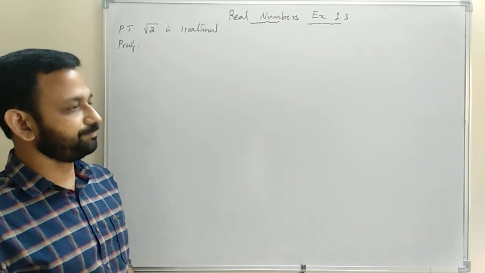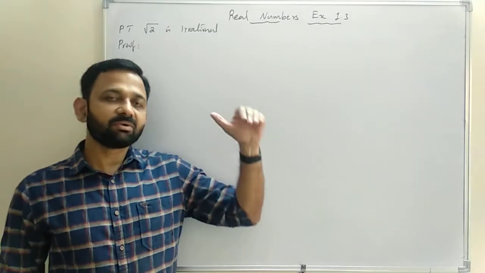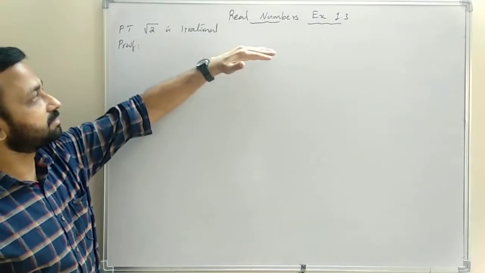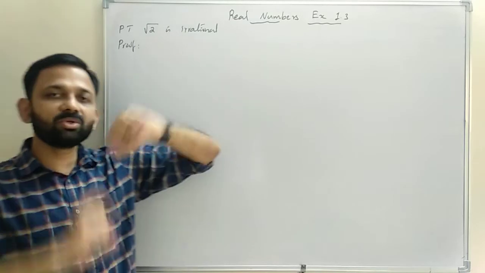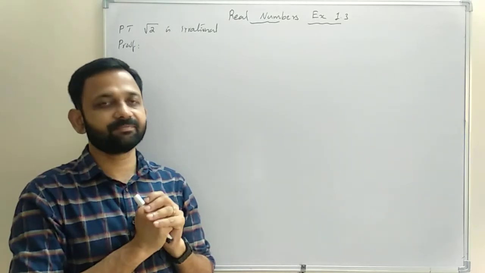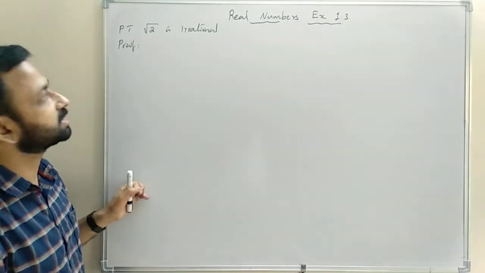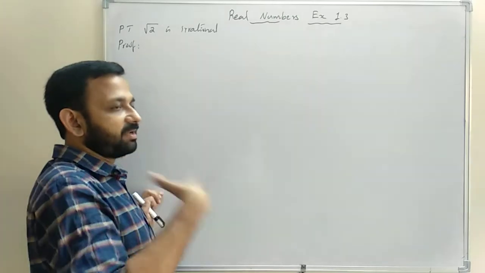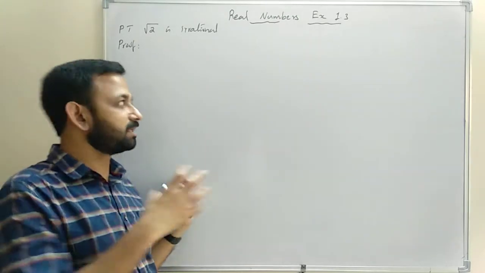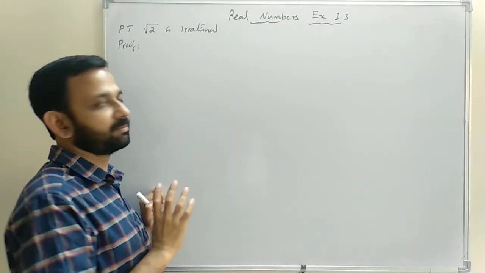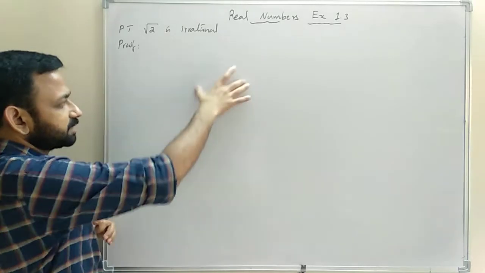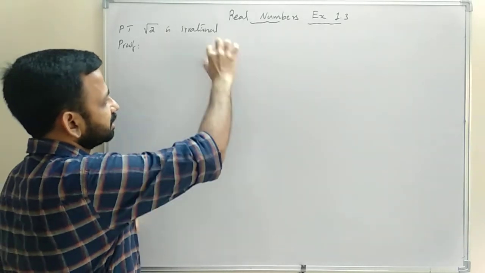In this question, first we are going to start with an assumption: root 2 is a rational number. We are going to prove root 2 is irrational, but we will begin with the assumption that root 2 is a rational number. Then we will write some steps based on that assumption.